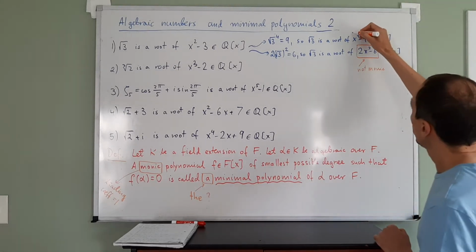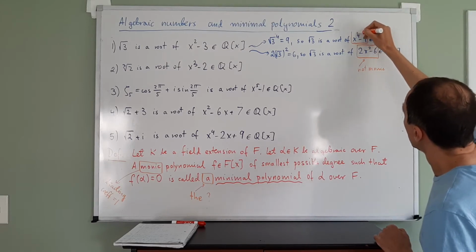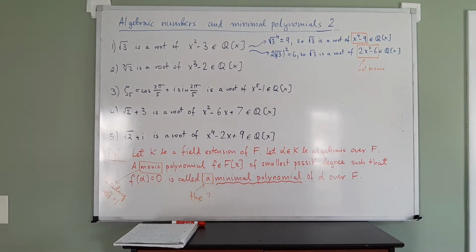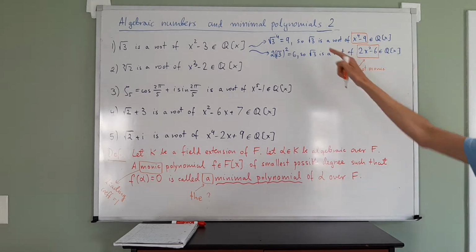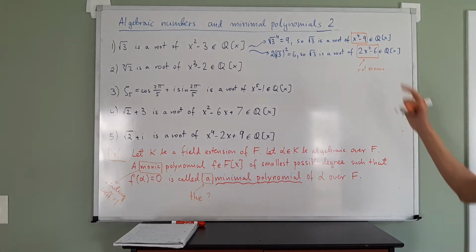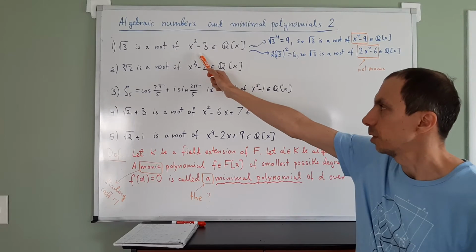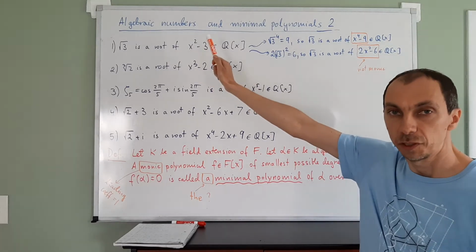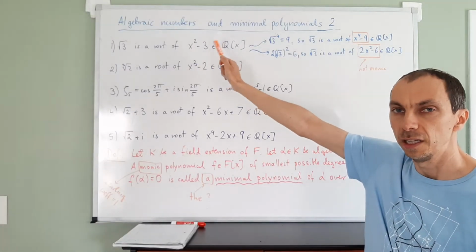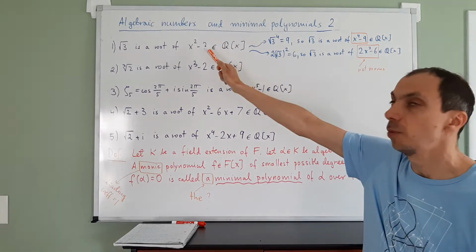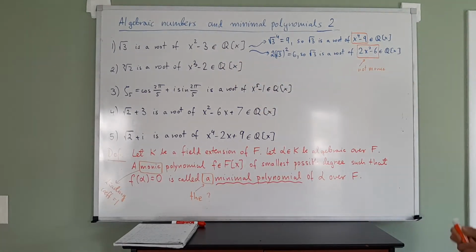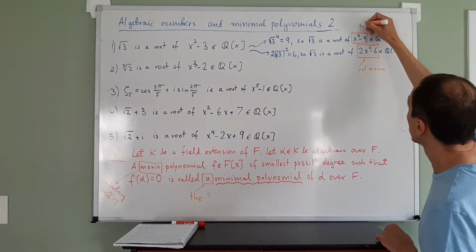On the other hand, this polynomial does not have smallest possible degree because yes, it has radical 3 as a root, yes, it is monic, yes, it has coefficients in the rationals, but it's of degree 4, and I can find another polynomial which is also monic, has coefficients in the rationals, and has radical 3 as a root, but is of smaller degree than this one. So this one is not of smallest degree.